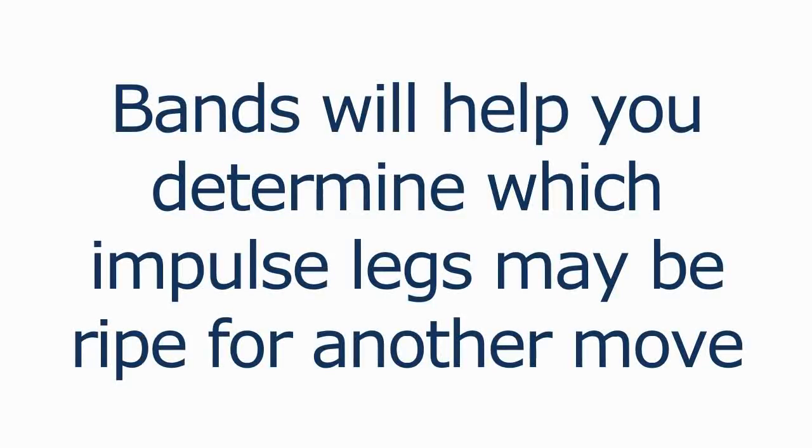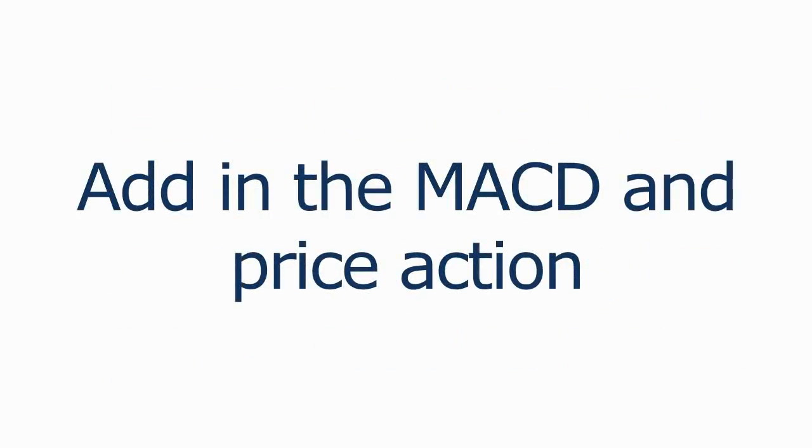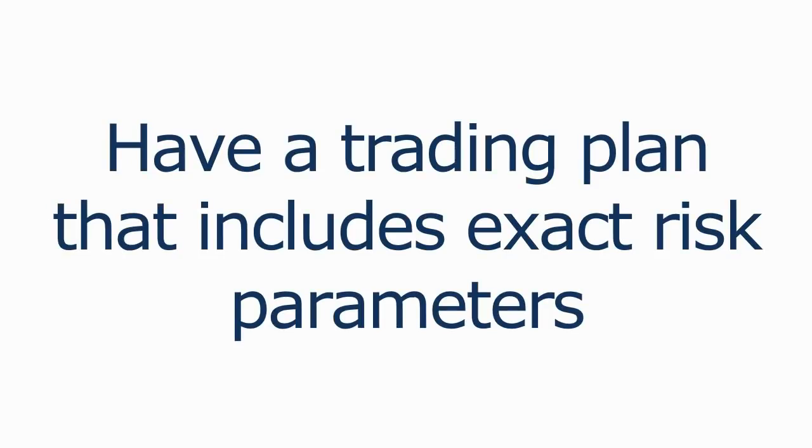And you don't want to trade the bands by themselves. Adding in the MACD and price action as described is a positive addition to what is a pretty powerful trading indicator. And as with all trading strategies, you have to have a trading plan that includes exact risk parameters.